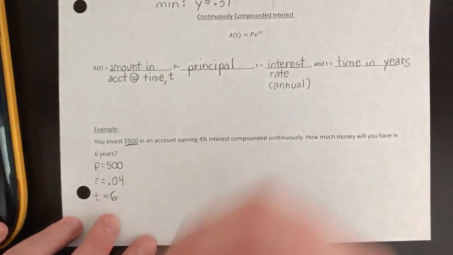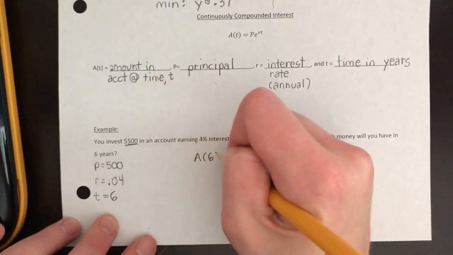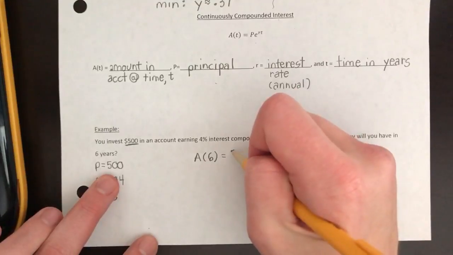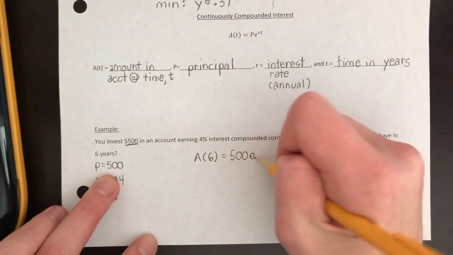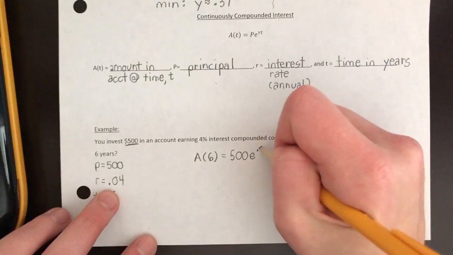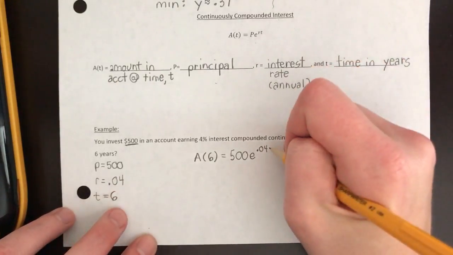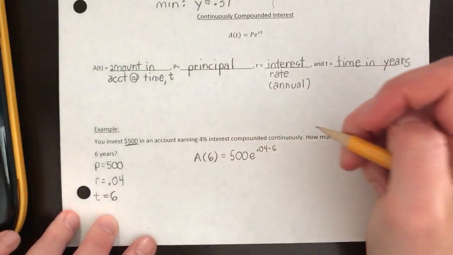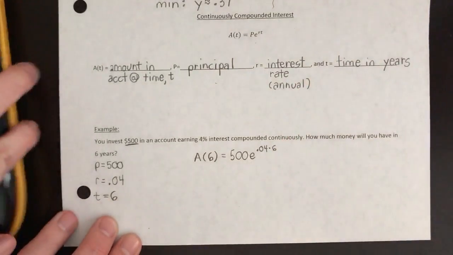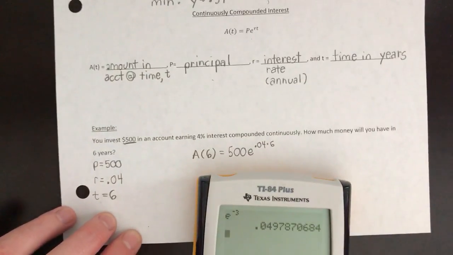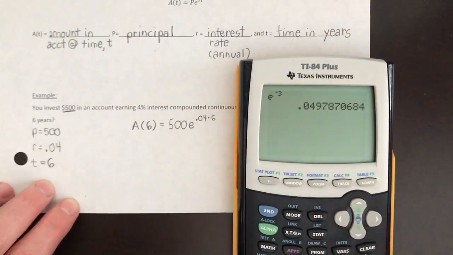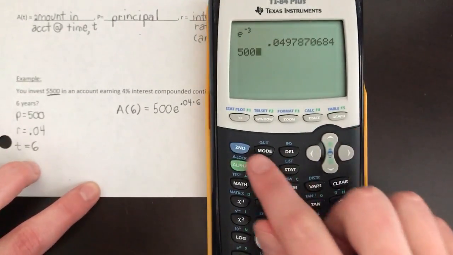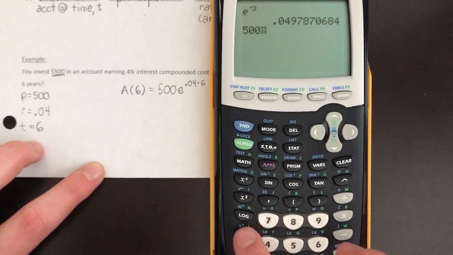Okay, so plugging into that formula, A of 6, because we're talking about 6 years, equals P, 500, principal, e raised to the r, 0.04, times t. So times, put a little dot there, 6. You can plug this in your calculator pretty easily. If you go to the home screen, remember, 500, to get the e, it's second ln.